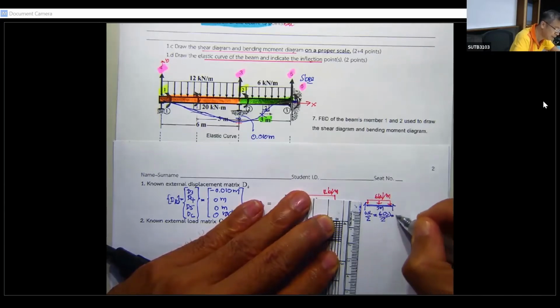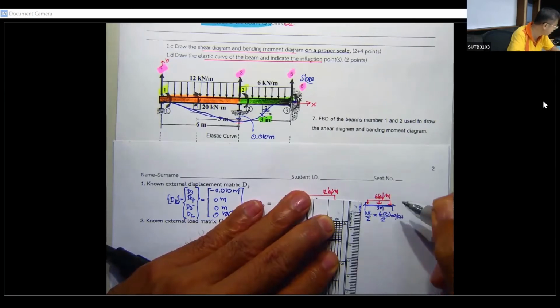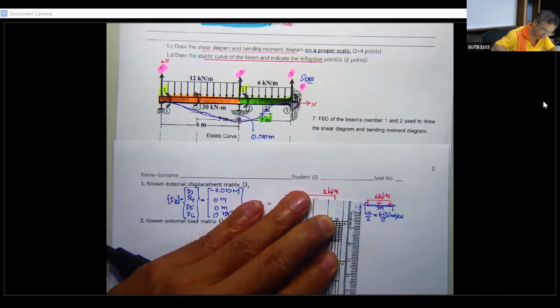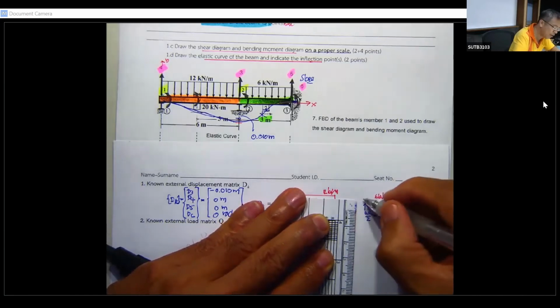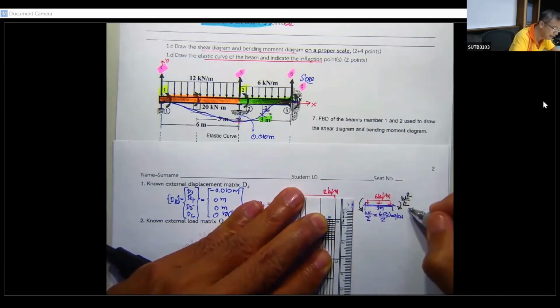This is going to be 6 times 3 square over 12, which is 9 divided by 2, so 4.5 kilonewton meter.